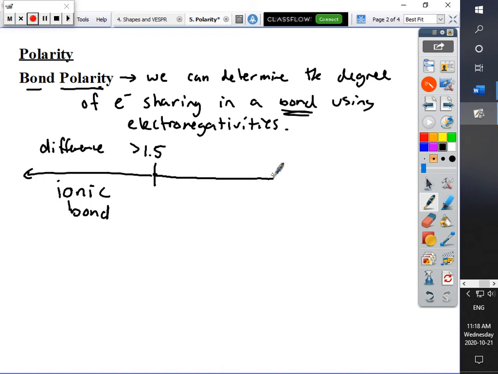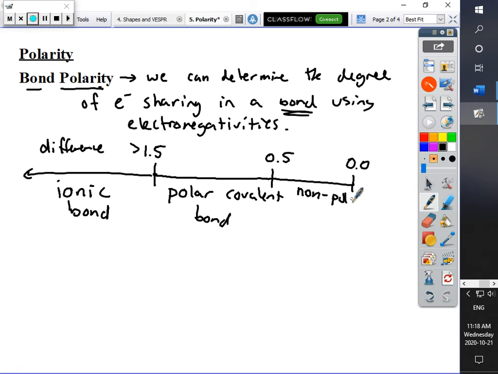If it's between 1.5 and 0.5, those electrons are shared in what's called a polar covalent bond. And if it's from 0.5 to 0, we say that is pretty close to nonpolar covalent. So that is kind of our degree of electron sharing that we can have.